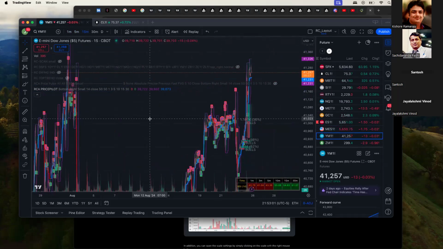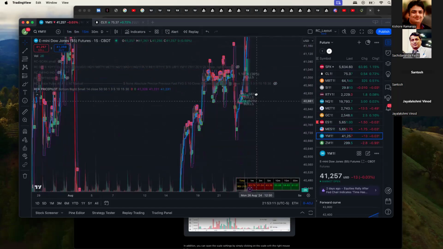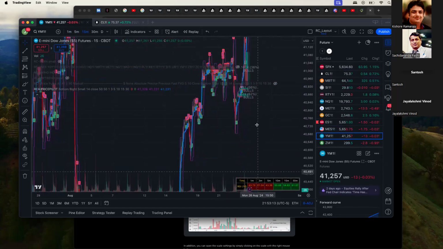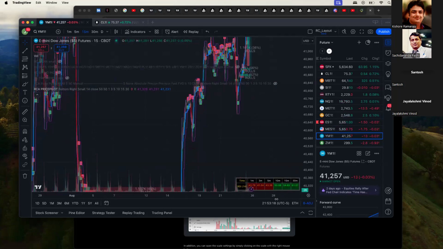Can you scroll at the bottom? You see those dates, 21, 26, right? Come down, scroll down to where you have the dates. A little bit above.